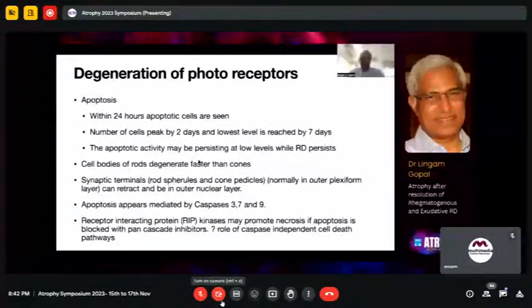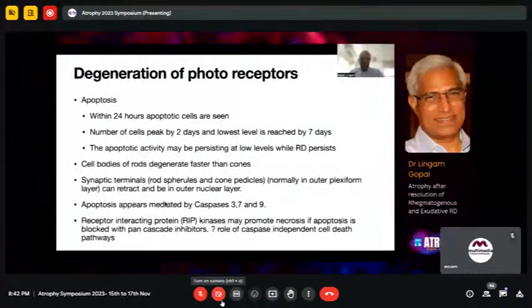In general, rods degenerate faster than cones. Also seen are the changes in the synaptic terminals of rods and cones, which is the spherules and pedicels that are present in the outer plexiform layer. These tend to retract and now they are located in the outer nuclear layer.